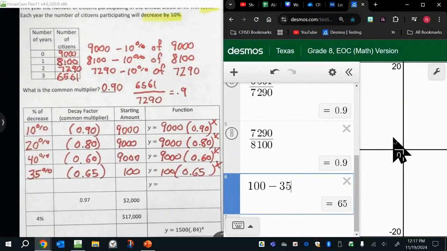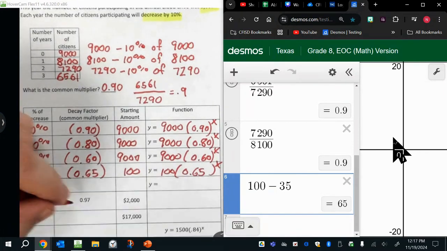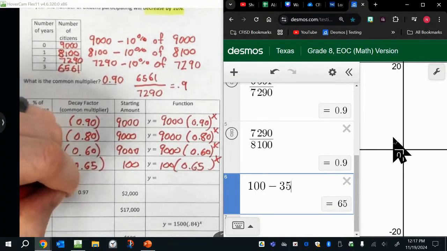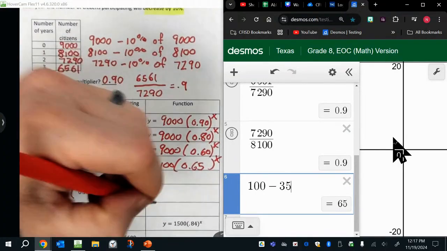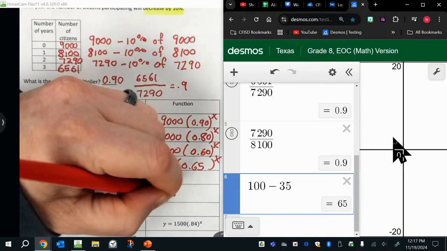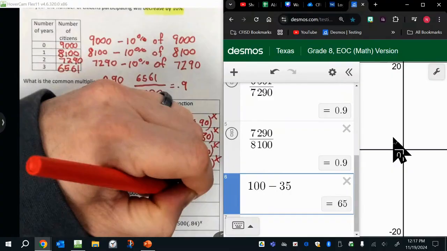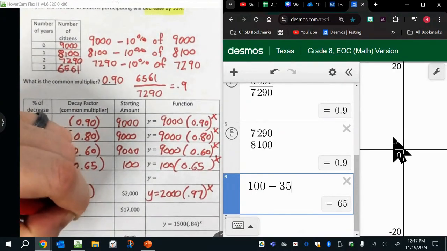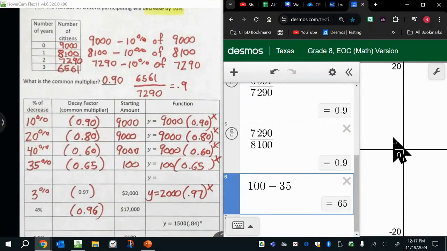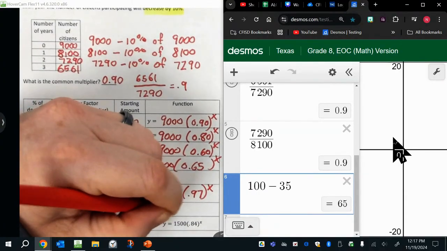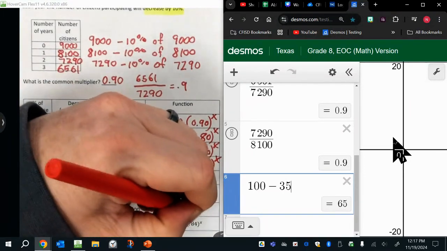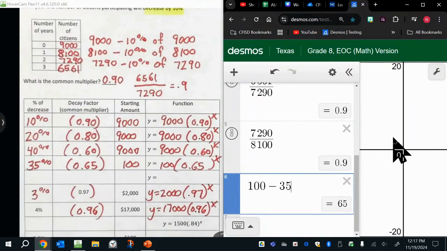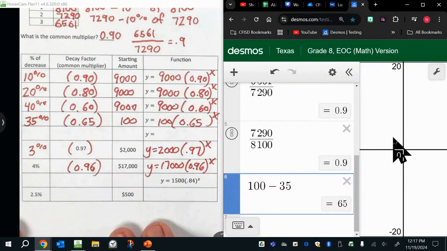So if it's 0.97, then what is that really? It's decreasing by 3%. So this would read y equals, starting with 2,000, with a 3% decrease. If it's a 4% decrease, 0.96. So this one's starting at 17,000, and it is going down by 4%. So you have 96% left.